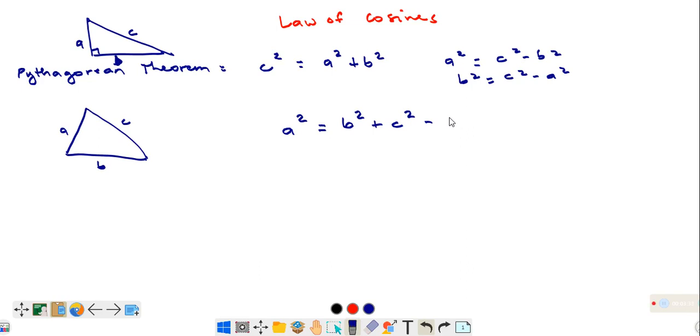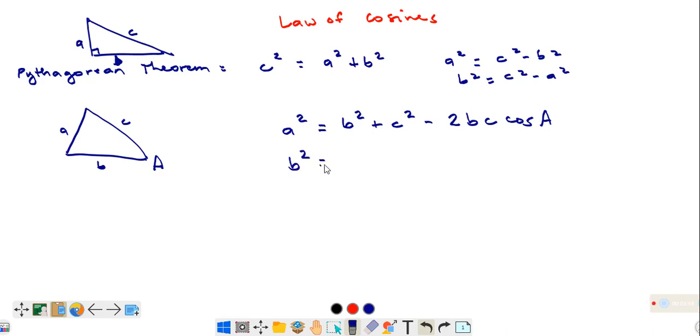Minus the product of 2 times the two other sides. So, meron tayong 2BC times cosine of the angle opposite it. The angle opposite A is angle A. So, cosine A.